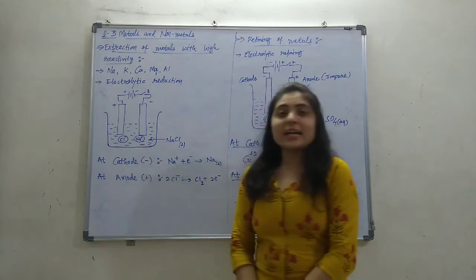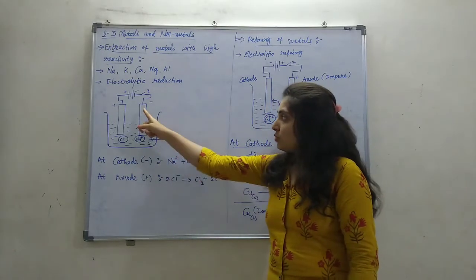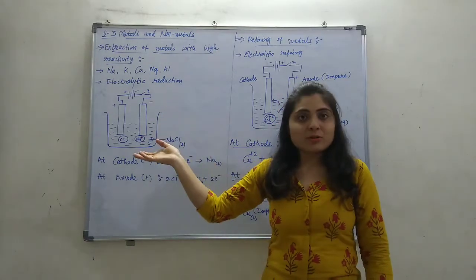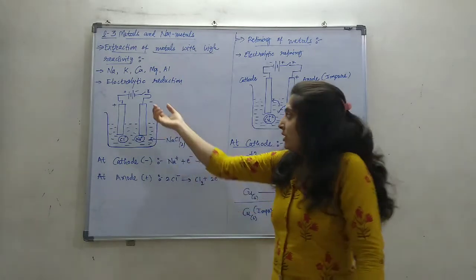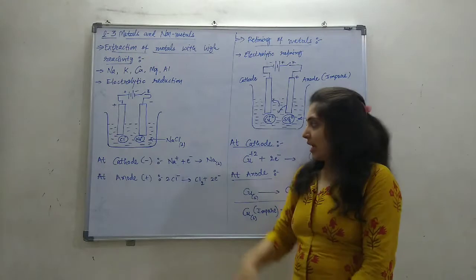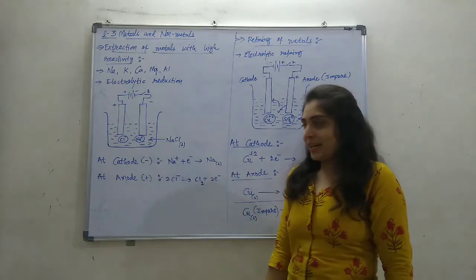At the cathode, that is the negative electrode, what reaction happens? When Na+ reaches the negative electrode, which has excess electrons, Na+ will gain one electron and become a neutral sodium atom, solid sodium.